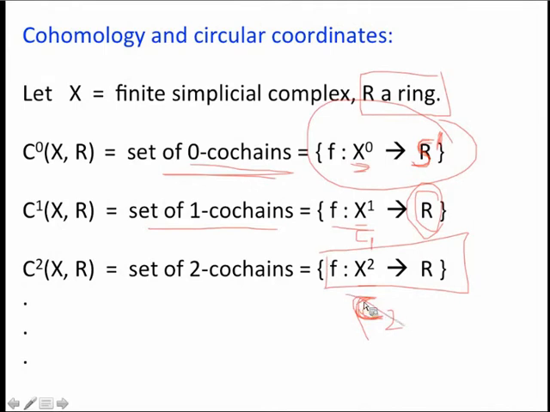We don't need to look at the linear combinations in order to define the function. So if our function is defined on edges, we can extend it linearly to define it on arbitrary linear combinations of edges, so our one-dimensional chains. But since it extends linearly, we will just focus on our functions being defined on the simplices and not the entire linear combinations. Questions on that?